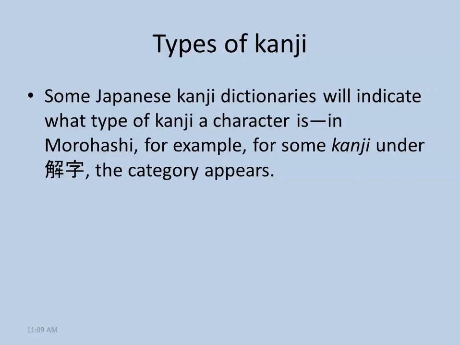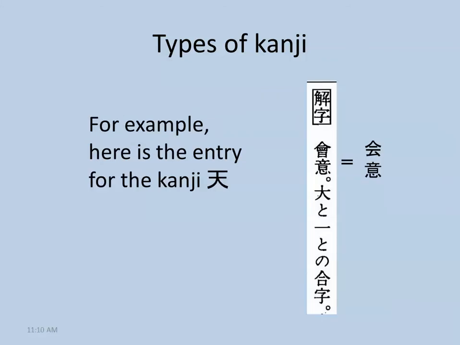Now, these categories you can find sometimes in Japanese kanji dictionaries. Nelson's doesn't list them, but some Japanese kanji dictionaries, as we'll see, will indicate what type of kanji a character is. And so, for example, in Morohashi's dictionary, which we're going to be looking at in another couple lessons, some of the kanji, not all of them, are listed with their particular category. I'll show you an example.